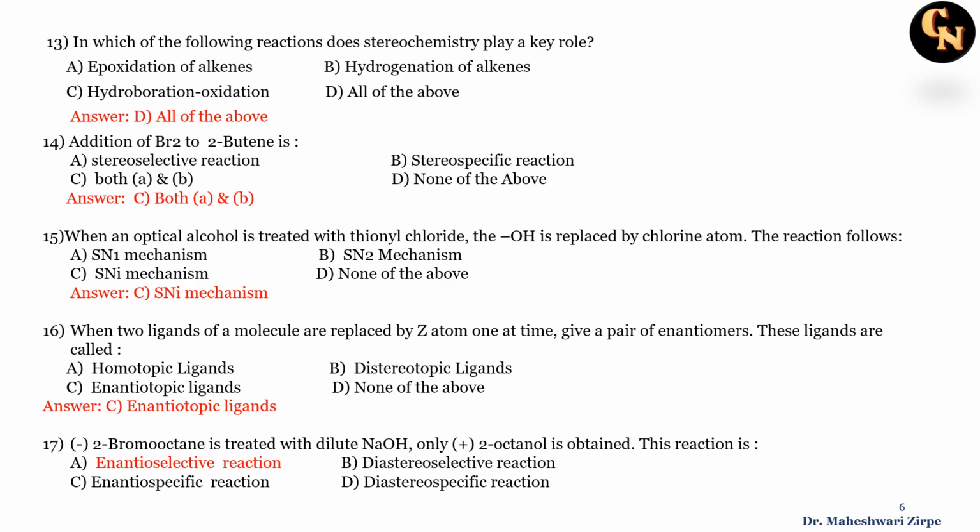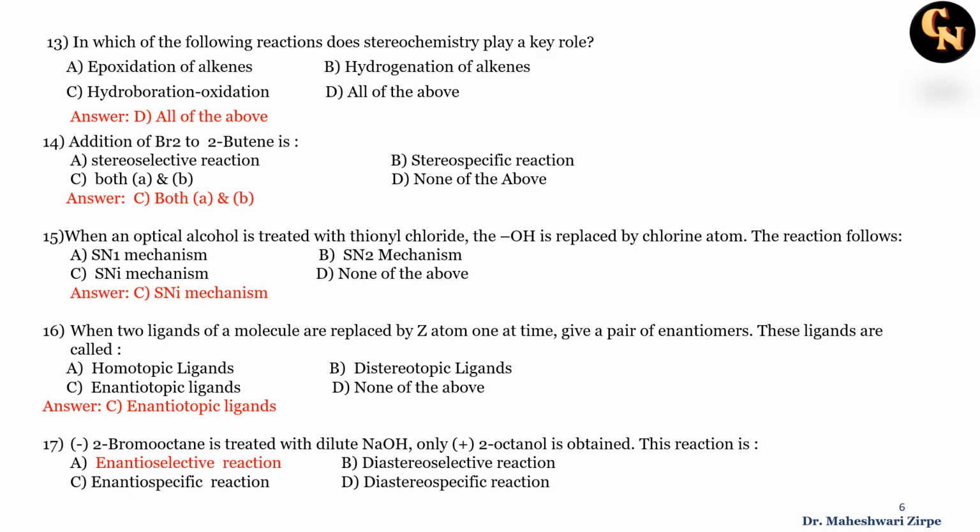So here it is a stereoselective reaction and also stereospecific. So option C is correct, because addition of bromine to 2-butene will give you both a stereoselective and a stereospecific reaction, meaning product. That's the reason why option C is correct.